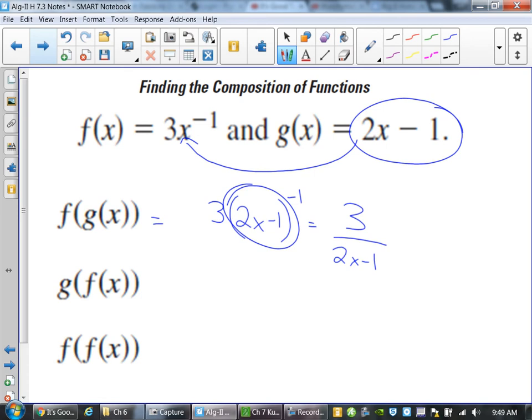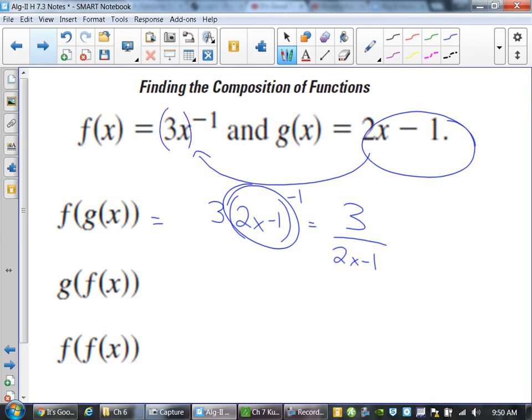The 3 was fine. 3 was happy and content. It just was not raised to the negative 1 power. If it was, it would have been written like this in the original equation. Does that make sense? Since it didn't have parentheses grouping it to the negative 1, this implies that just this part is raised to the negative 1. Okay.